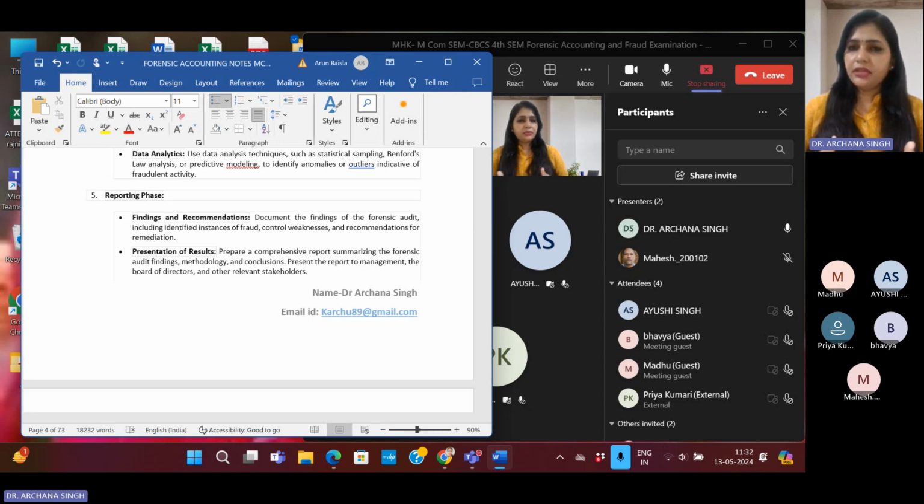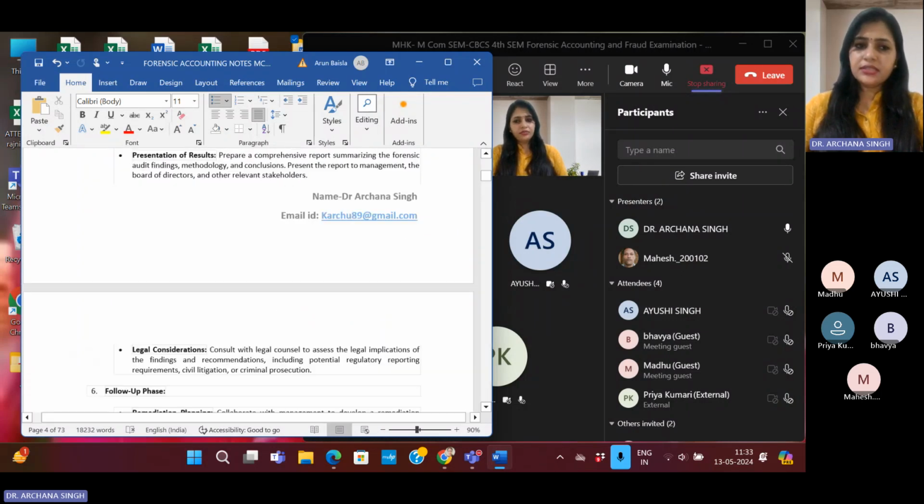Then presentation means that through a comprehensive report they have to summarize the forensic audit findings, the methodology they adopted, and the conclusions regarding those investigations. They have to present that report to the management, board of directors and other relevant stakeholders. So this is the reporting phase.